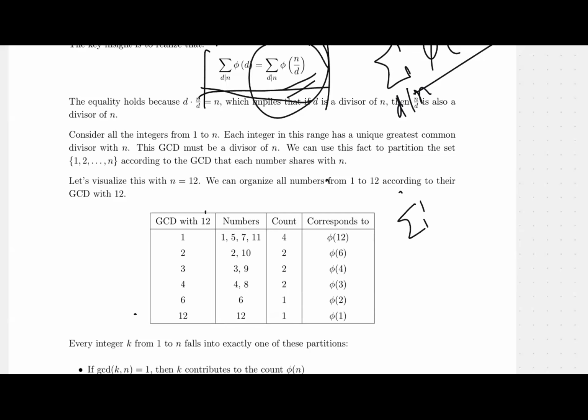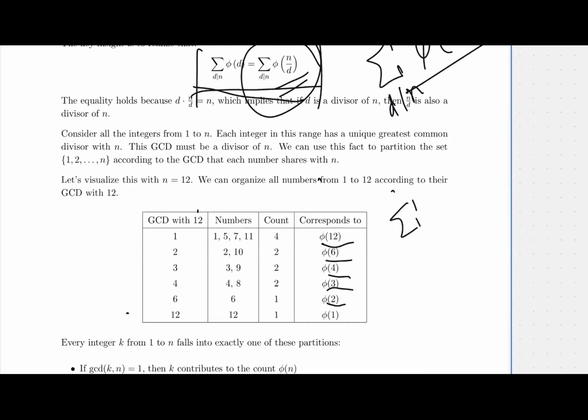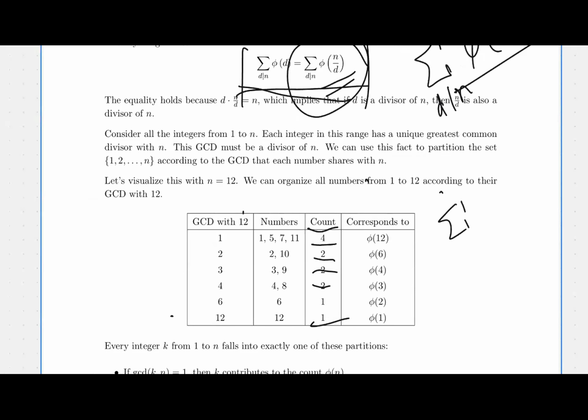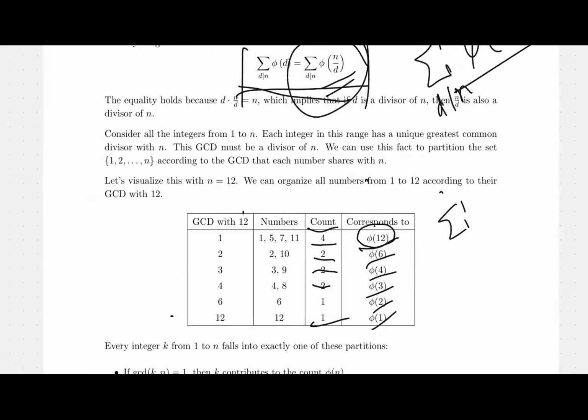It is important to notice that we also have phi of 12, because 12 also divides 12. And you see this is symmetric.